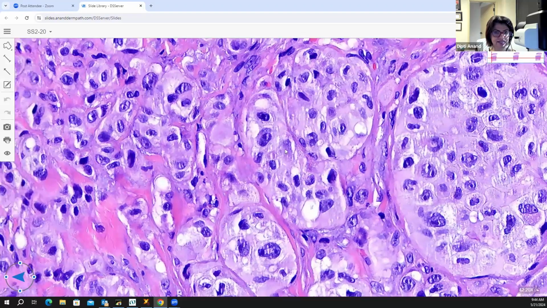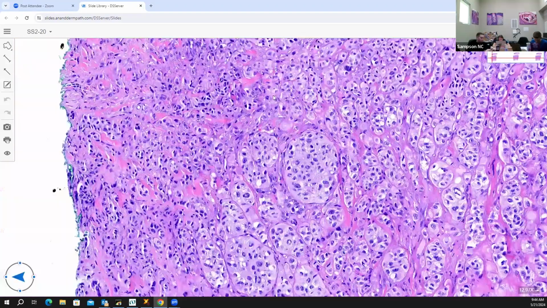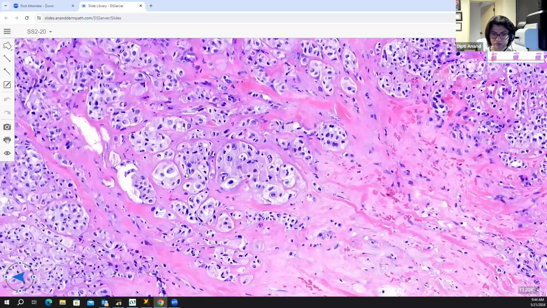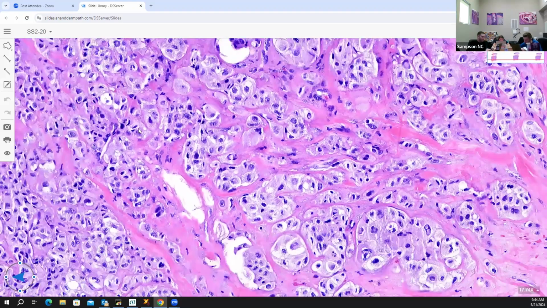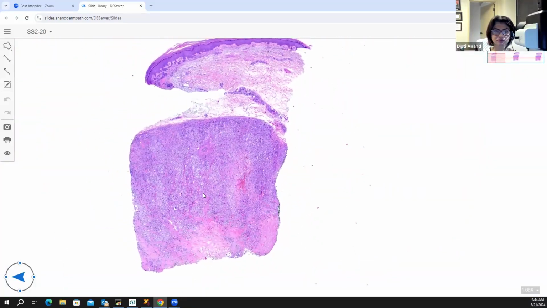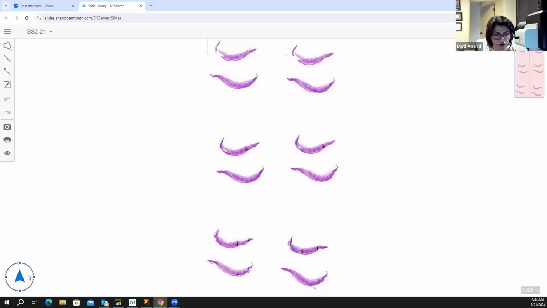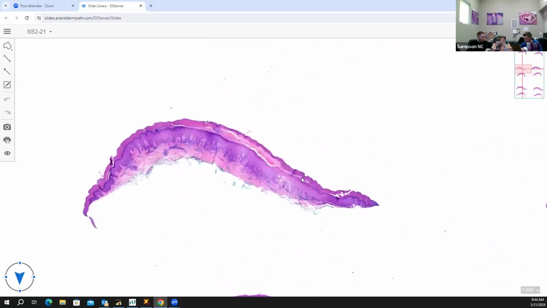This is classic for a metastatic melanoma. It's an amelanotic one, and the center part of it has undergone tumor necrosis. Everybody good with that? The prominent cherry red nucleoli is something you should remember, and the nested pattern in the amelanotic variants. Perfect. Okay, good job.